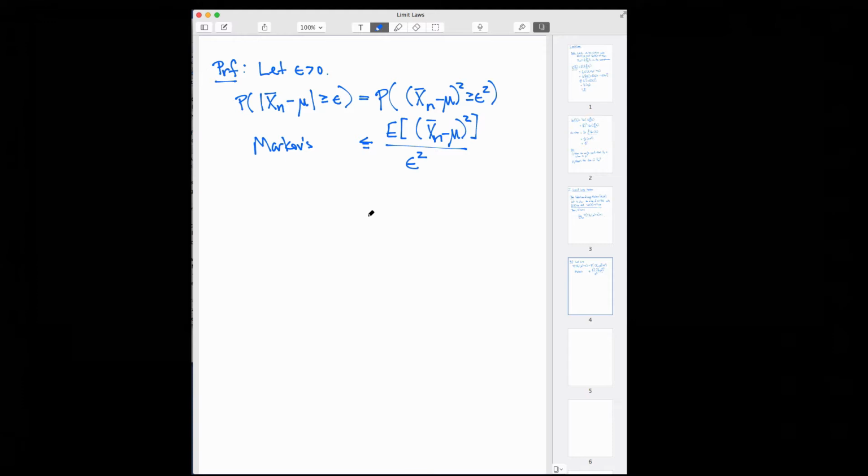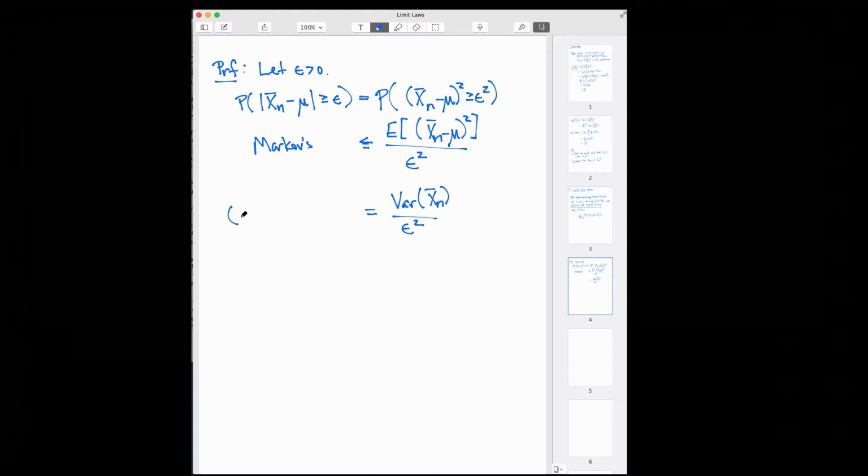Okay, and so then what you're going to notice is that the expected value of the squared quantity x bar minus mu, well, that's just equal to the variance of x bar n by definition, and so we can just rewrite this as the variance of x bar n divided by epsilon squared.